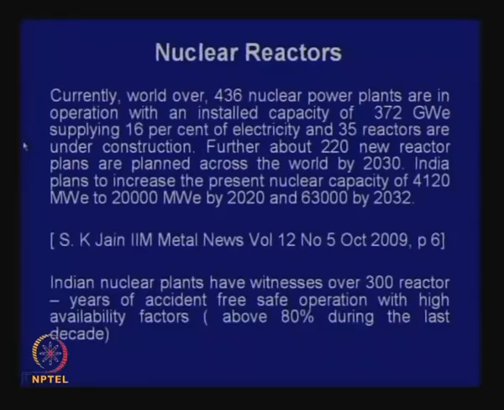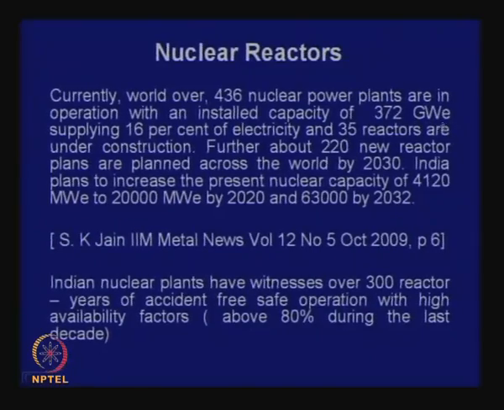Now, currently, the world has over 436 nuclear power plants. The figure is as of October 2009. This number may have gone up already, but as of October 2009, according to S.K. Jain, who is a big man in our atomic energy establishment, 436 nuclear power plants were operating with an installed capacity of 372 gigawatt.